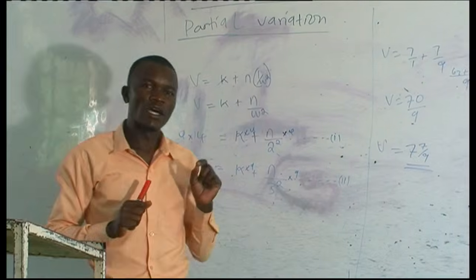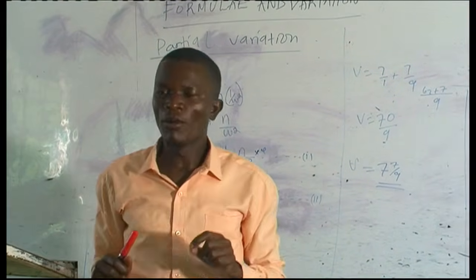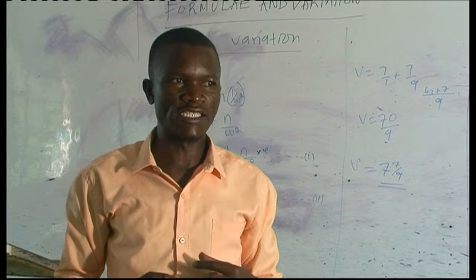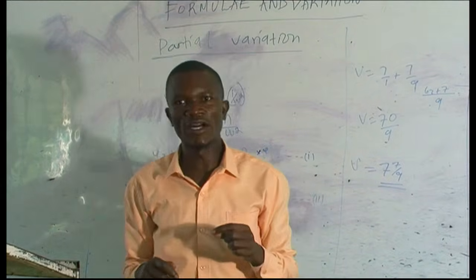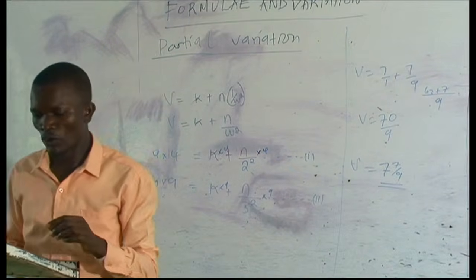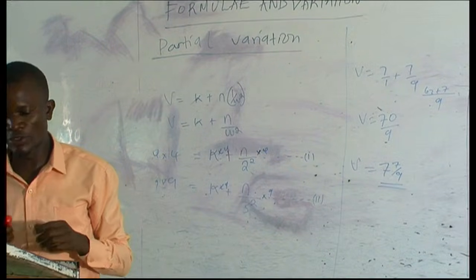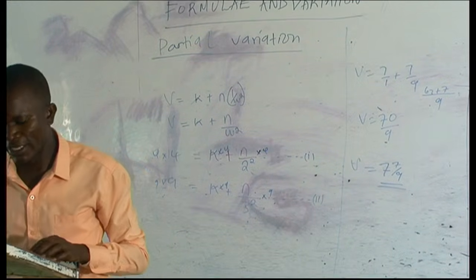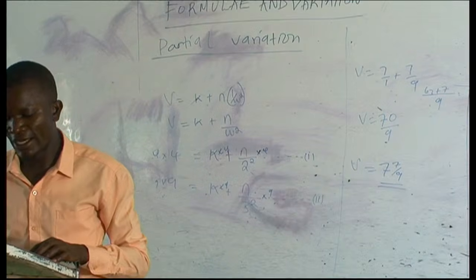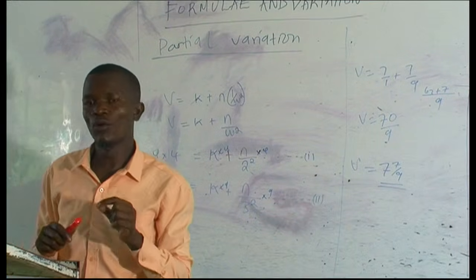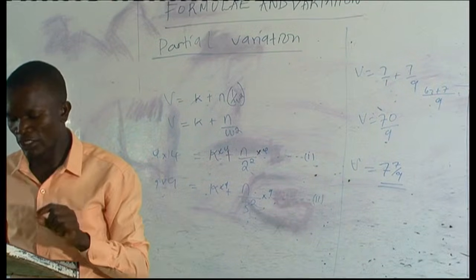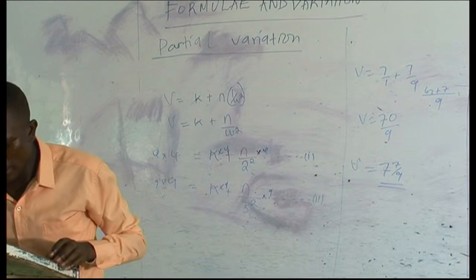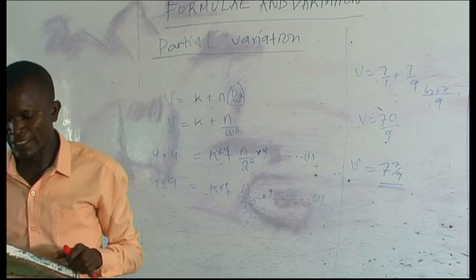Now that one is also a kind of partial variation. But in this case, do we have a constant? From what you have been shown there, example number 2, a quantity P varies partly as T and partly as the square of T. When T is 20, P is 45, and when T is 24, P is 60.